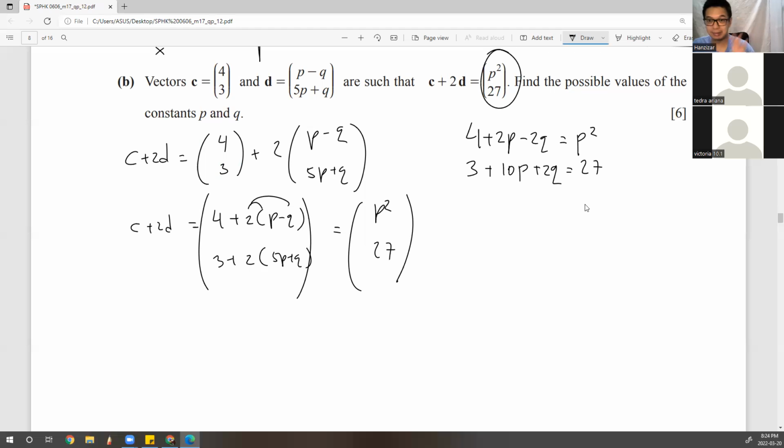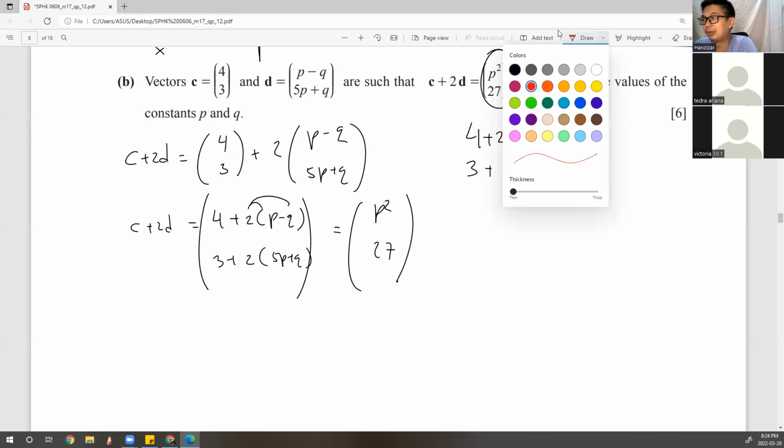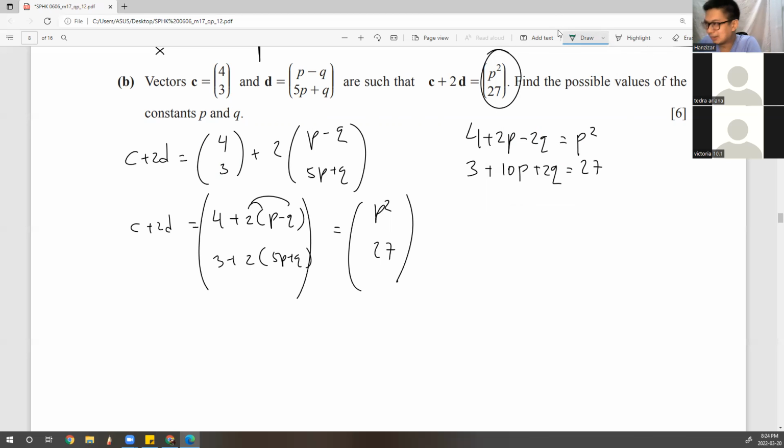Okay, I think this is a hybrid question about simultaneous equations, simultaneous non-linear equations. Why is it non-linear? Because we have the square. I want to eliminate the q, so everything is in terms of p, and it can be eliminated without multiplying by any constant, because it's already 2.